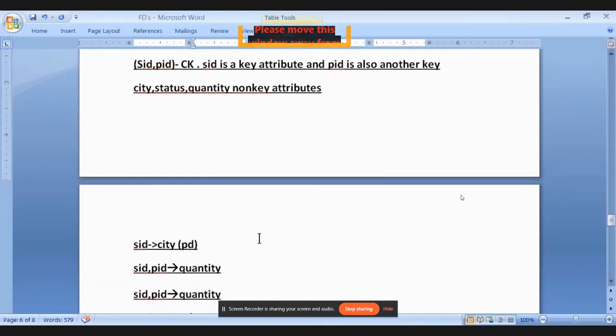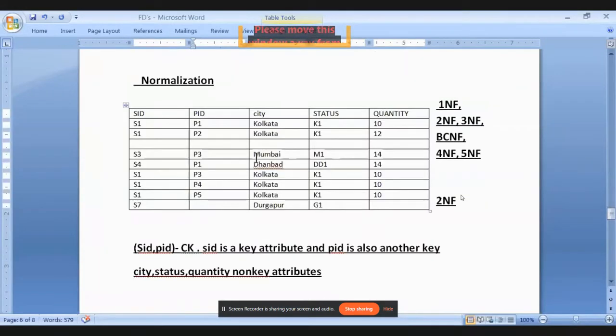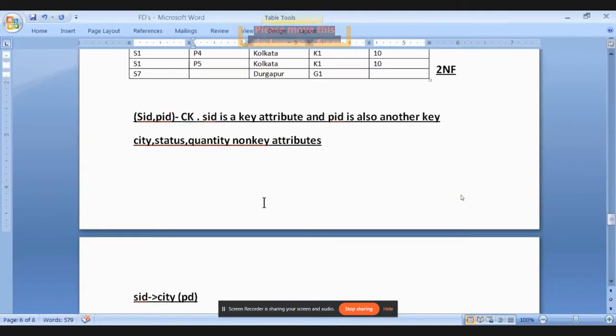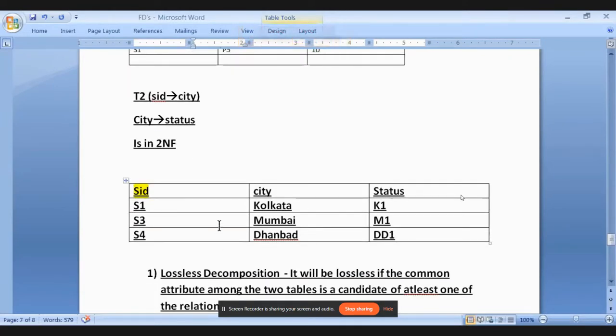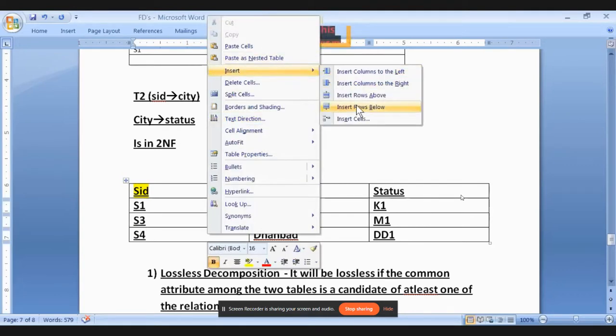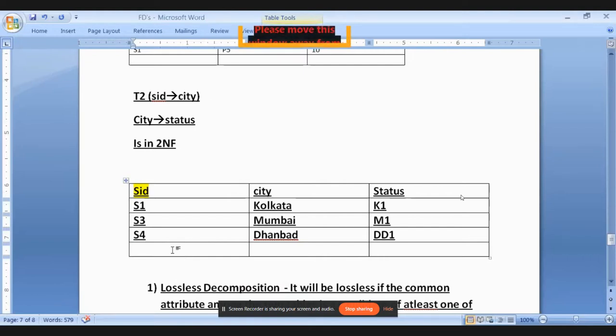This was the insertion problem we were facing in that table. But when I go to the decomposed tables, I can now insert a new supplier's record. I can insert the new supplier S7's record.